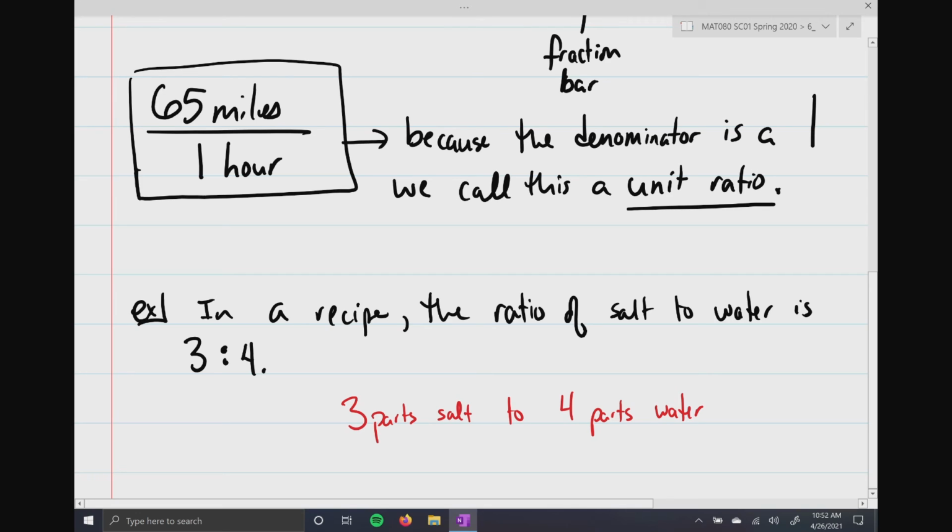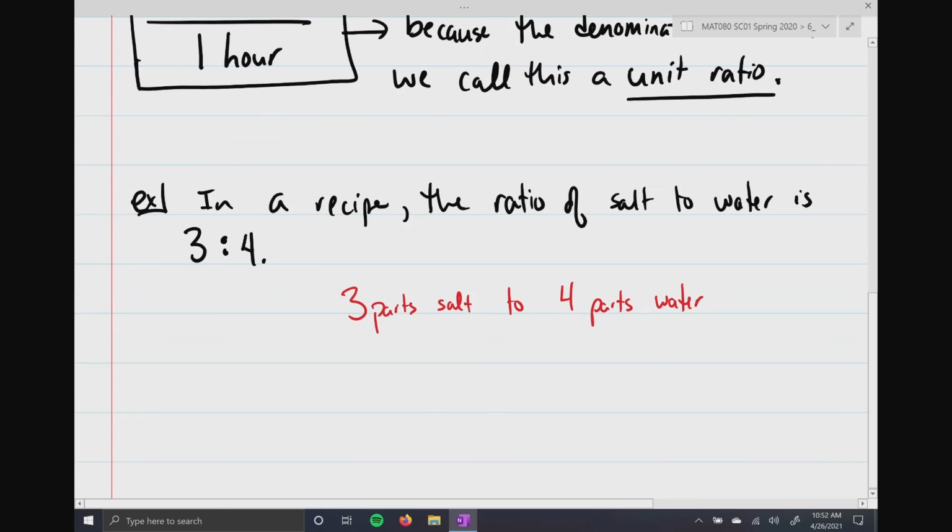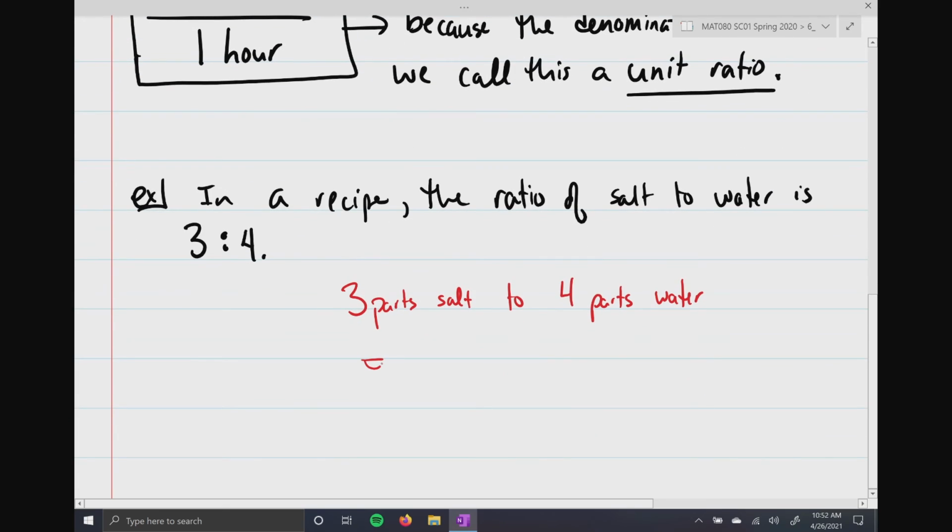So it doesn't matter what measuring device you're using. Just use 3 of those measuring devices for salt and then use the same measuring device and use 4 of them for water. So they could be like little teaspoons. These are my teaspoons here.